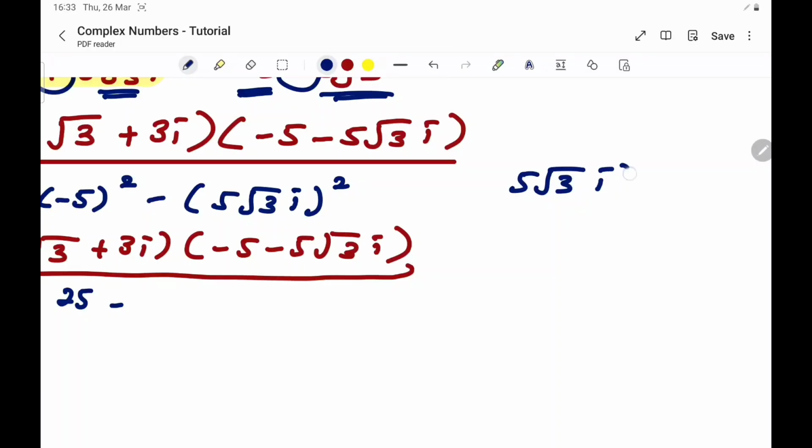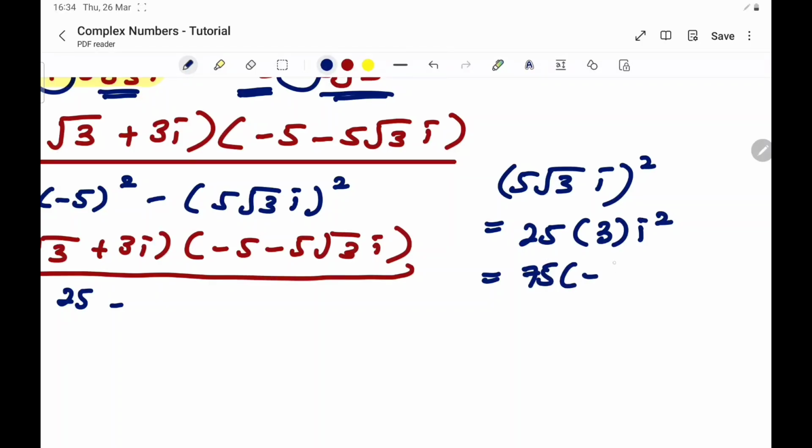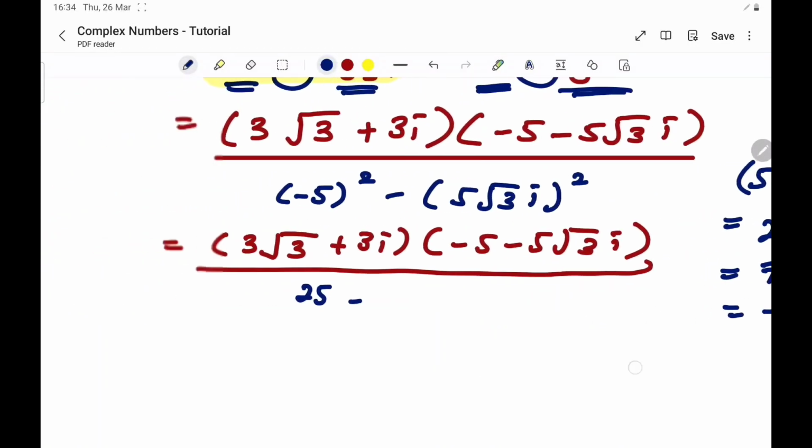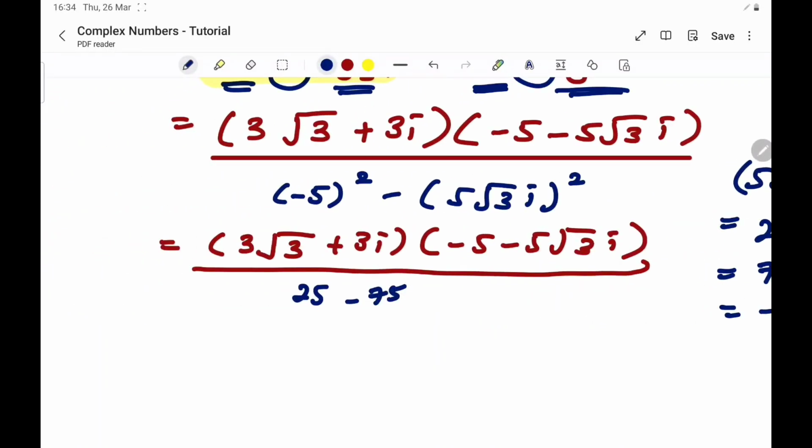When we square this, you get 25, 5 square is 25, square root 3 squared becomes 3, and i squared is equal to negative 1. So 25 multiplied by 3 is 75, and i square is negative 1, so here you will get negative 75.